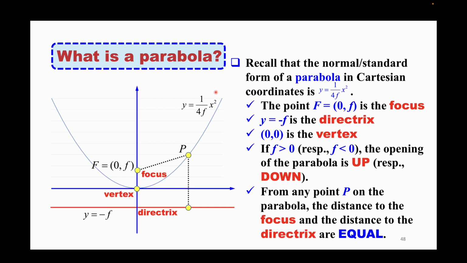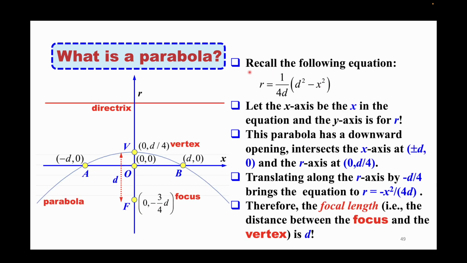On the other hand, if f is negative, the parabola opens down. So for any point P on the parabola, the distance to the focus and the distance from P to the directrix are equal. These are the basic facts of a parabola.